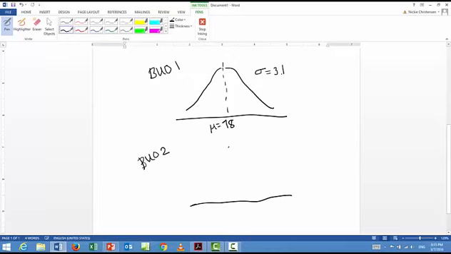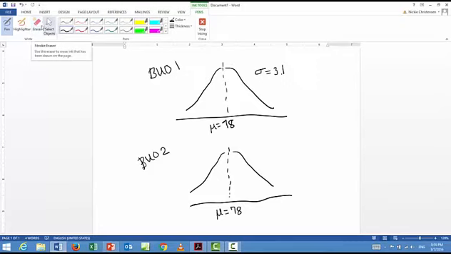Now, let's say that my class BUO2 took the same test, and the average of all those students in BUO2 was also 78%.